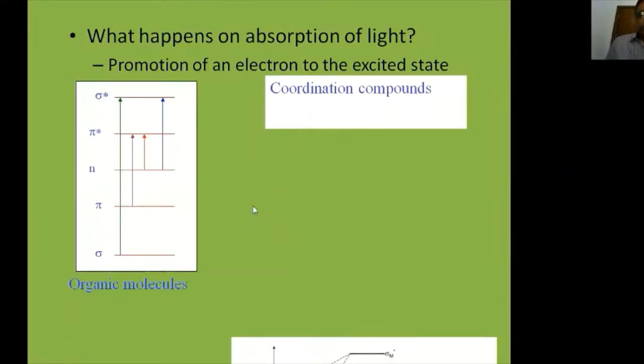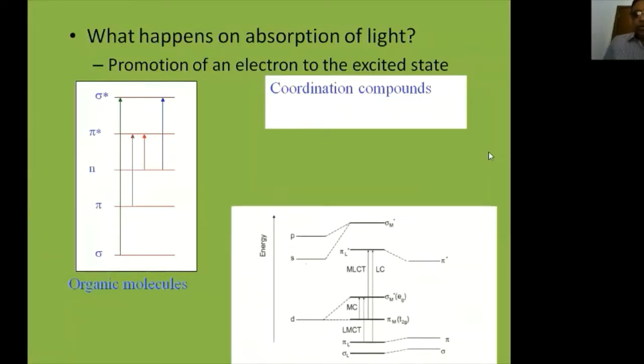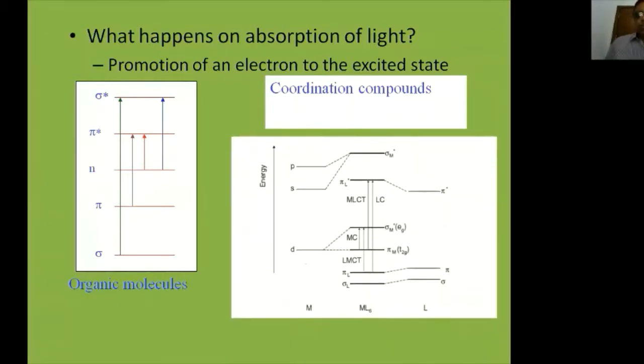The kinds of electronic transitions possible in a coordination compound are ligand-centered transitions, metal-centered transitions, and charge transfer transitions like metal to ligand charge transfer or ligand to metal charge transfer. This is how you have the different electronic transitions possible for coordination compounds. So now absorption of a photon puts the molecule in the higher energy state. This is what is called the excitation of the molecule.